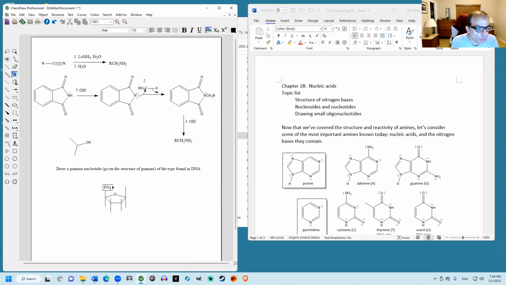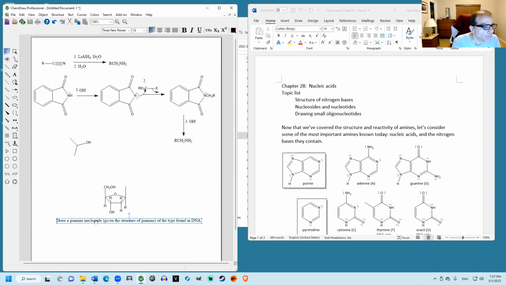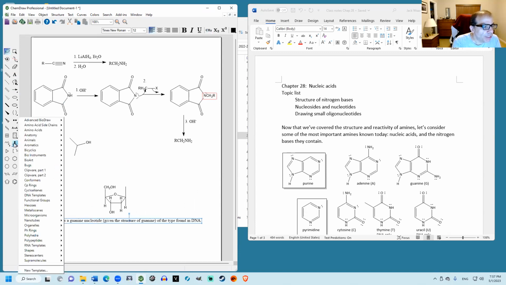We have CH2OH over here at the so-called 5' end. We have an H on carbon 2 because it's deoxy. OH over here. Now I just need my guanine.